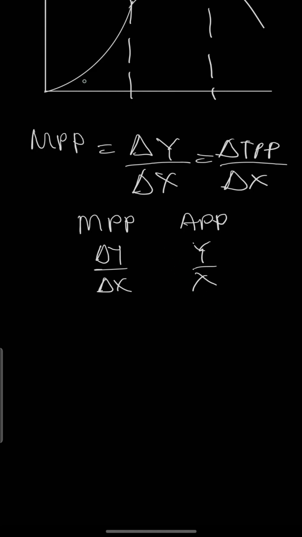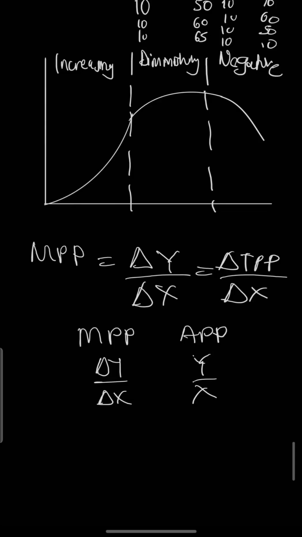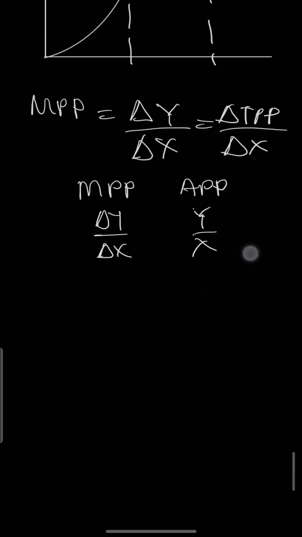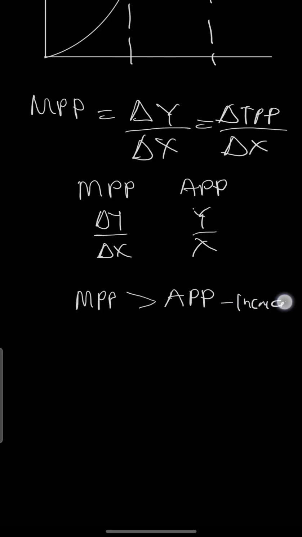Now, there are three scenarios: increasing, diminishing, and negative. Which one is bigger? We start with the marginal physical product being greater than average physical product. This is the point of increasing returns.